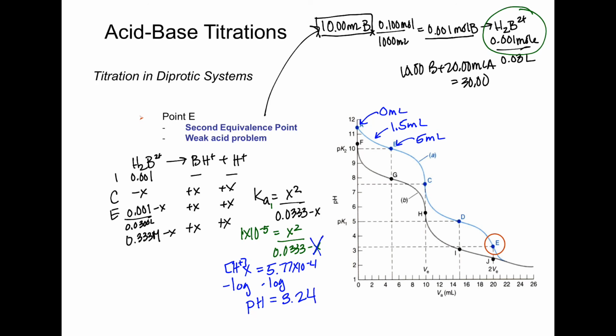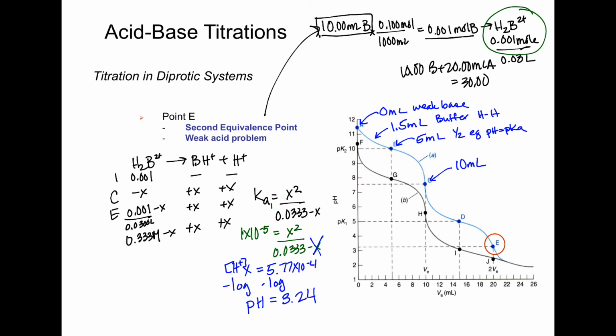To do those, this was just a weak base problem. This was a buffer problem, so we used Henderson-Hasselbalch. At 5 milliliters, it was halfway to an equivalence point, so we said that the pH was equal to the pKa. At C was when 10 milliliters was added, and that was our equivalence point.